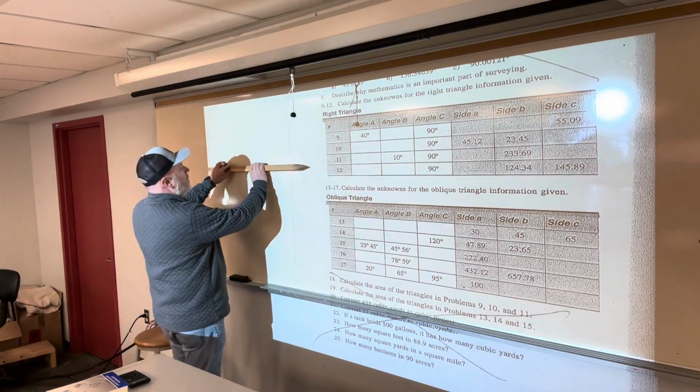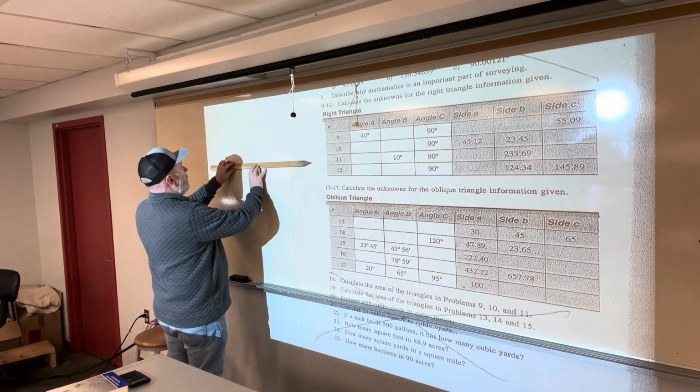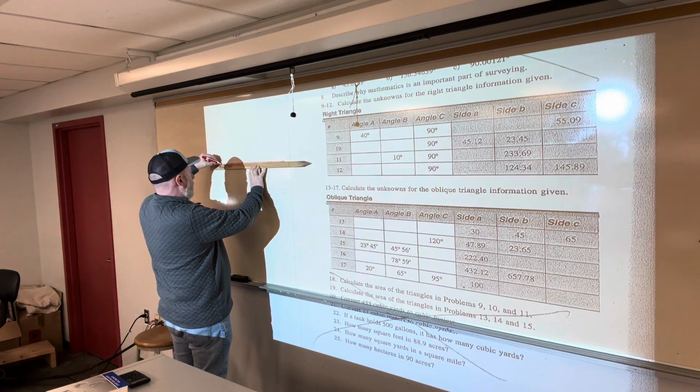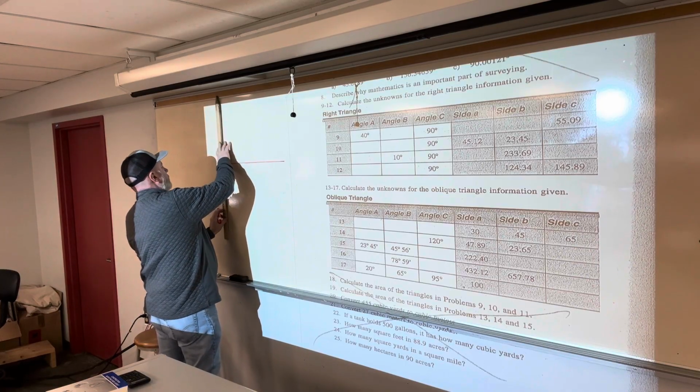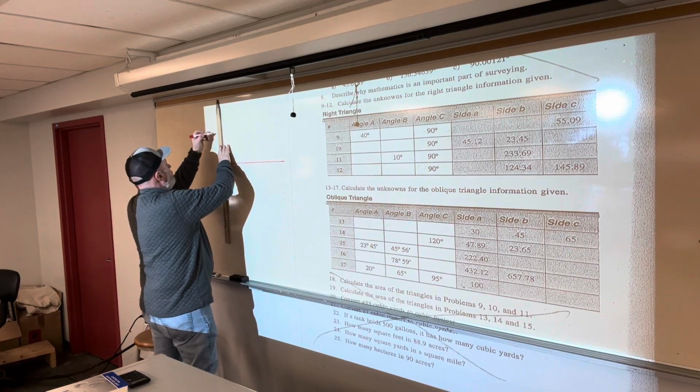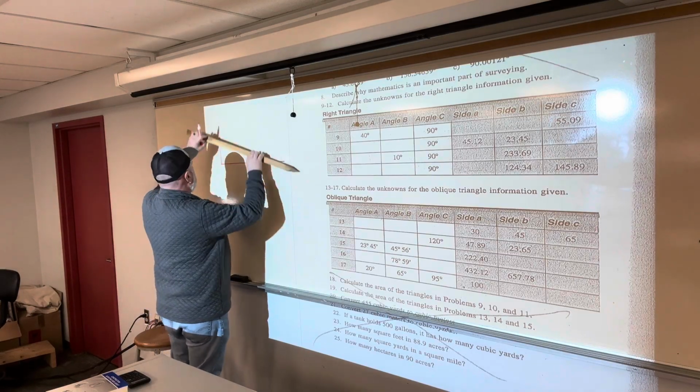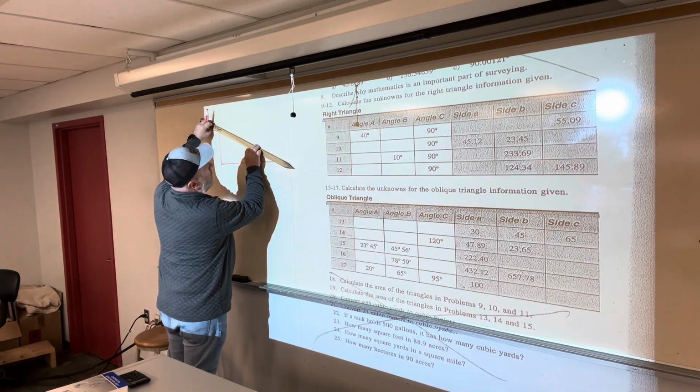I'm going to draw a triangle real quick. And this will be our generic triangle, we'll use that for this whole setup here.